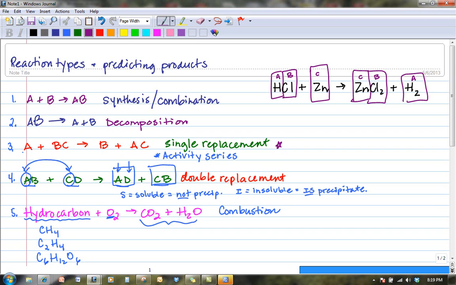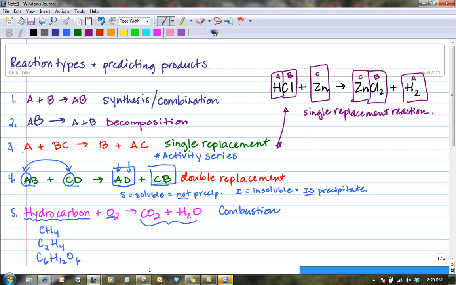We have A plus BC, so that's pretty close. That would render my example a single replacement reaction. So that's one way that you would be able to tell.